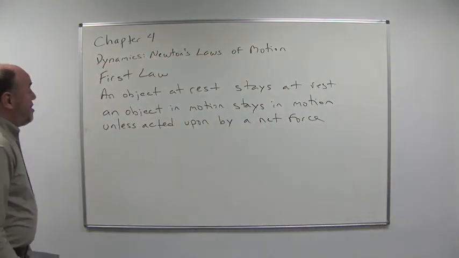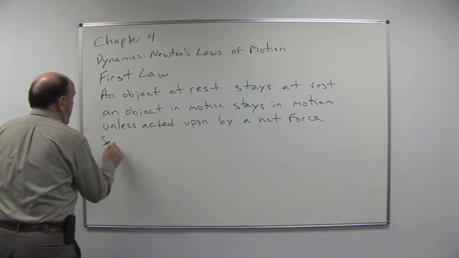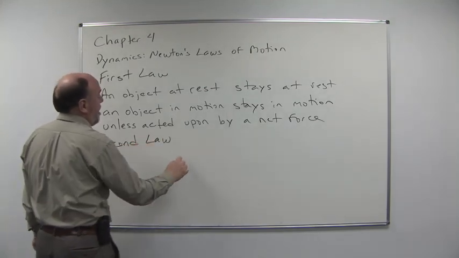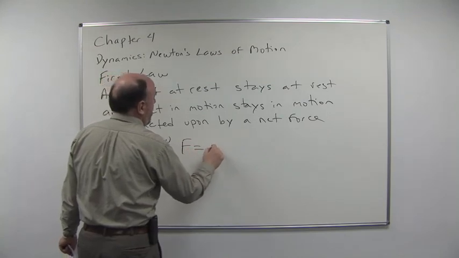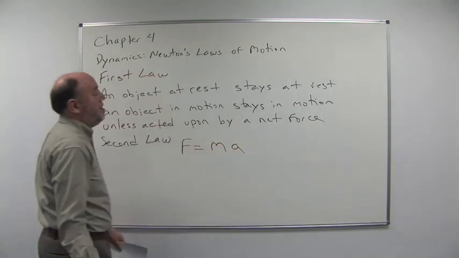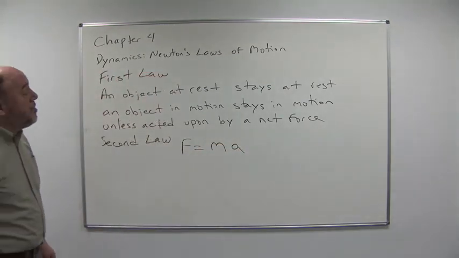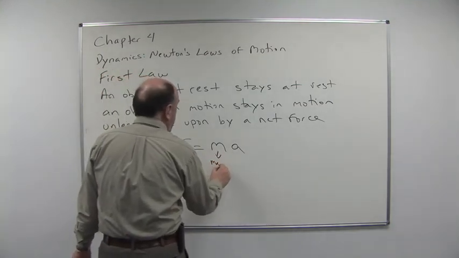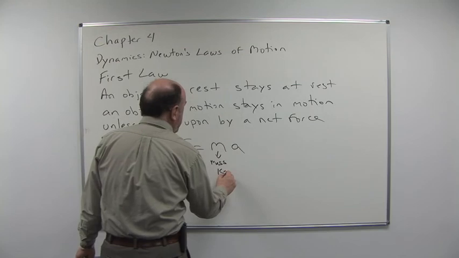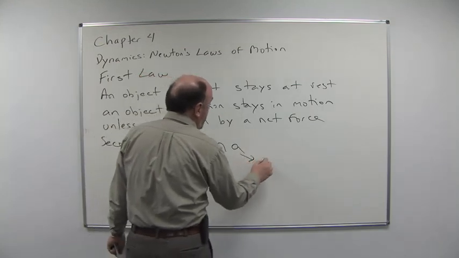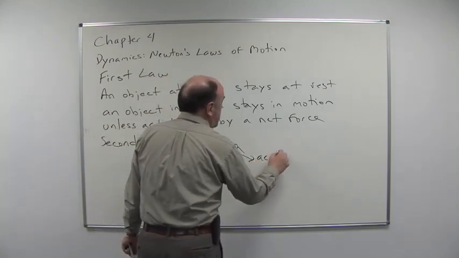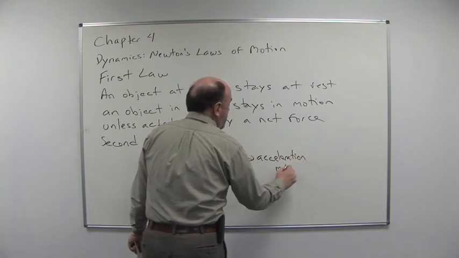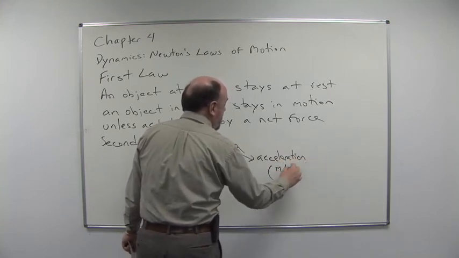Newton's second law of motion is a basic mathematical equation: the force is given by the mass times the acceleration. Again, m is the mass, which has to be in kilograms. a is the acceleration on the object, which will be in meters per second squared.